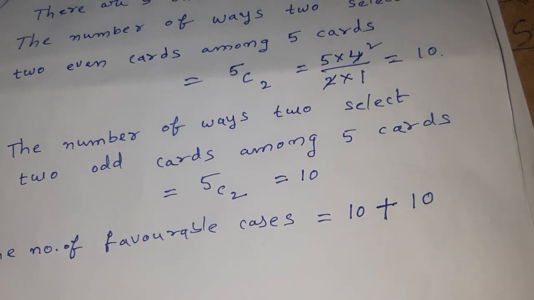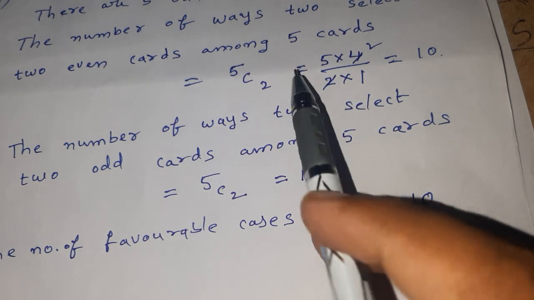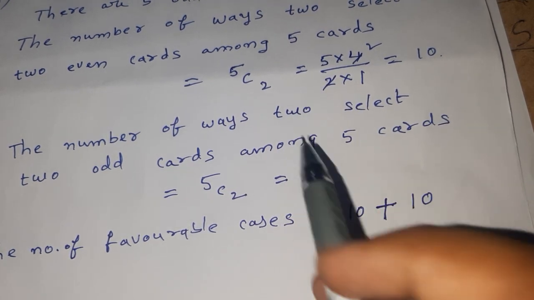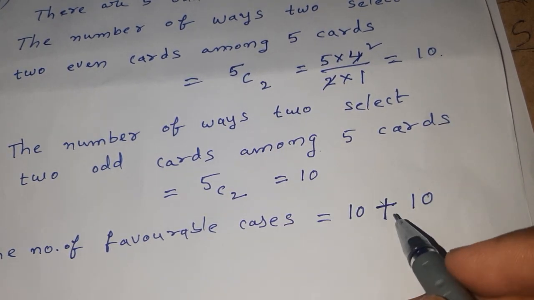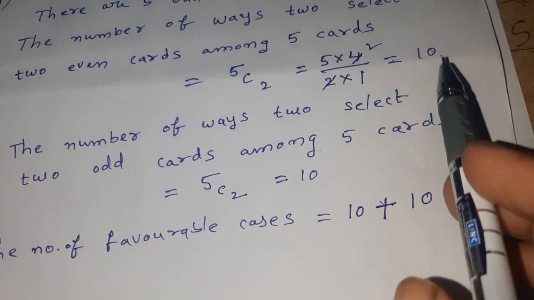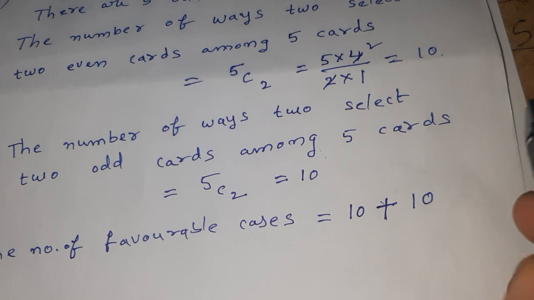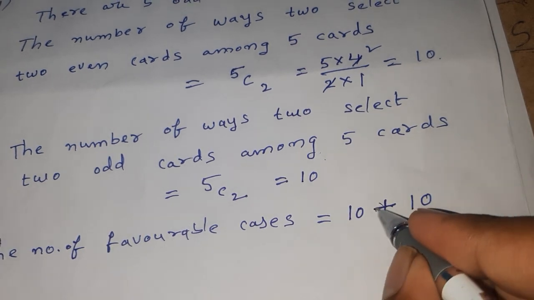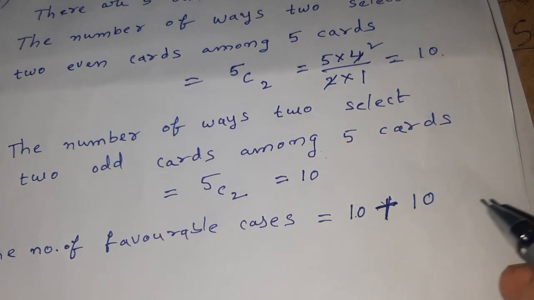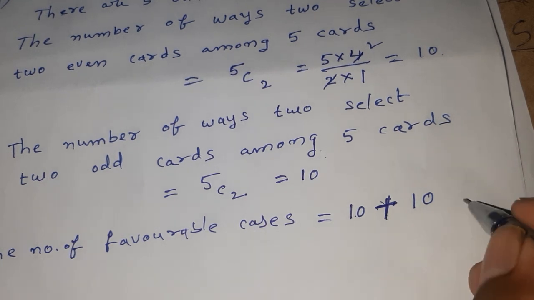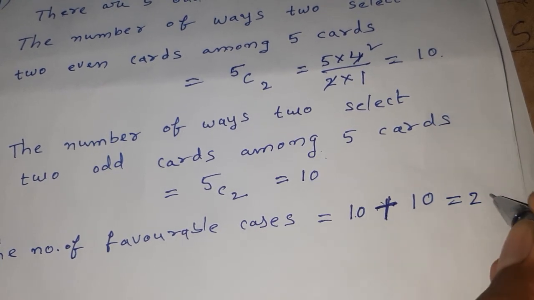Remember that if we select both kinds, we have to use multiplication, but if we select any one of the kinds, that is, we are using or, we have to use plus, 10 plus 10. That is called the sum rule. 10 plus 10, 20 ways are there.